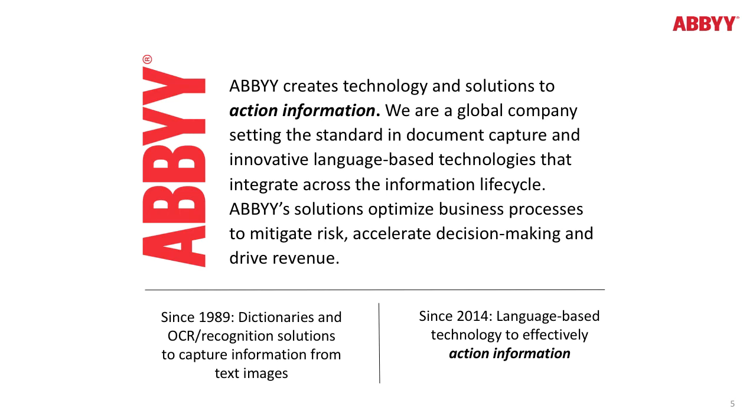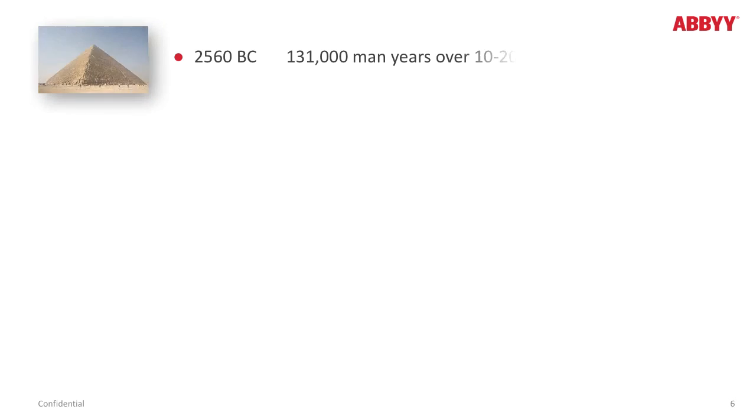So when I talk about optimizing business processes and getting at that information, it's really designed to save time. If you look at the amount of time we spend doing things, back over 2,000 years BC, it took 131,000 man-years over about, depending on which historians you believe, between 1 and 2 decades to build the Great Pyramid at Giza.